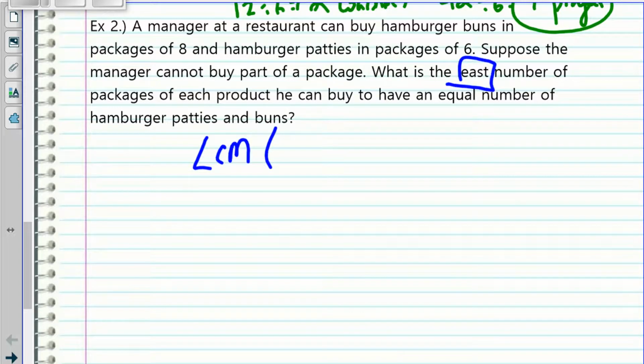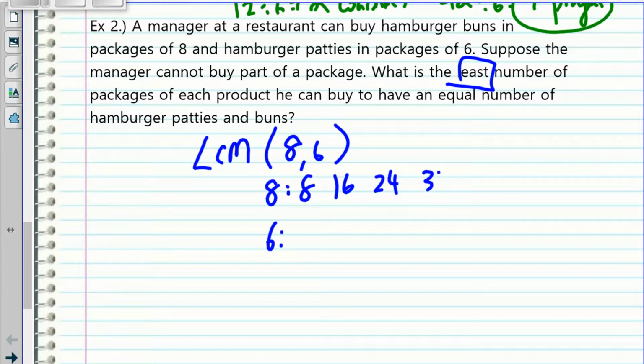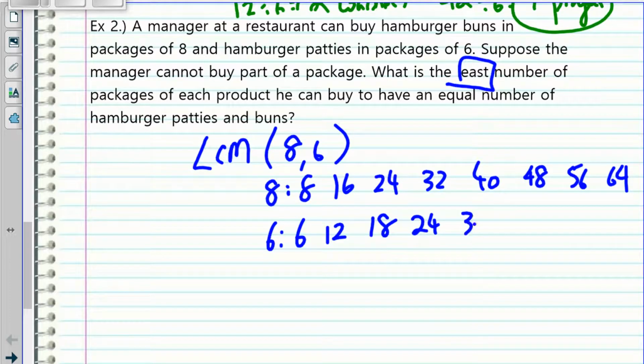So for 8 and 6, 8, right? Okay, so these are the multiples that I got so far. What about 6? Now I see a number in common, but let's see if that, so I see the 48 right there.